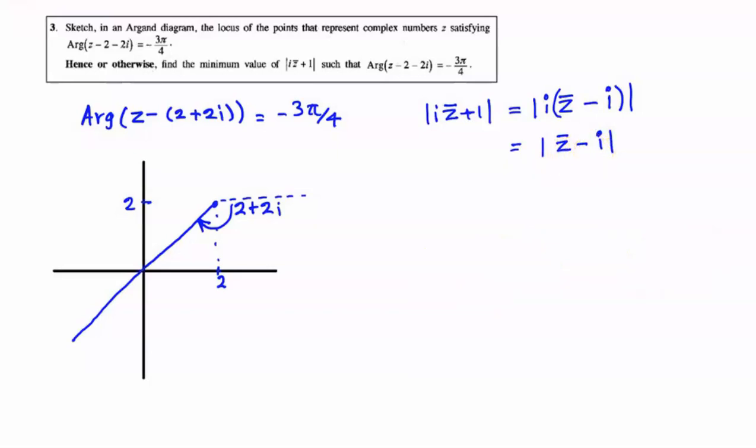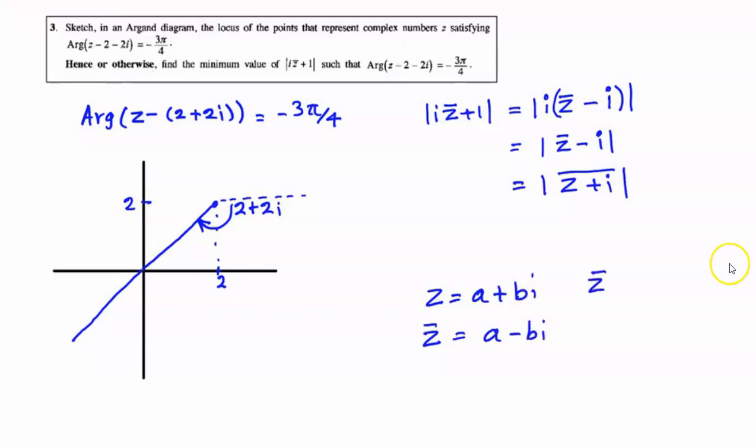Now notice that this equals z plus i bar. And that is because of this. If you have z equals a plus bi, then z bar is equal to a minus bi. So if you just have z bar minus i, that's just the imaginary part subtracted. So if you write this z in the a plus bi form, then that z bar is a minus bi.